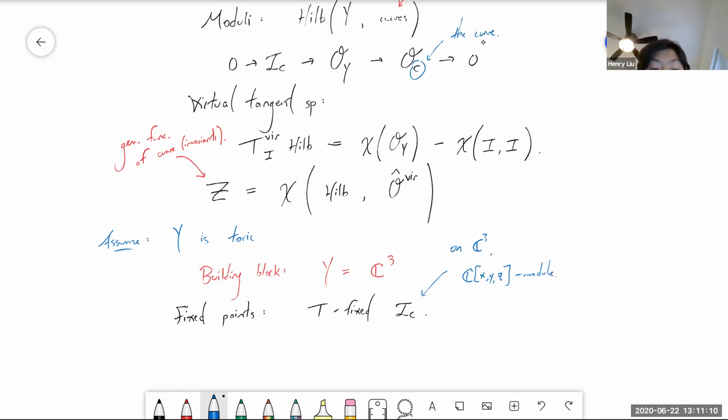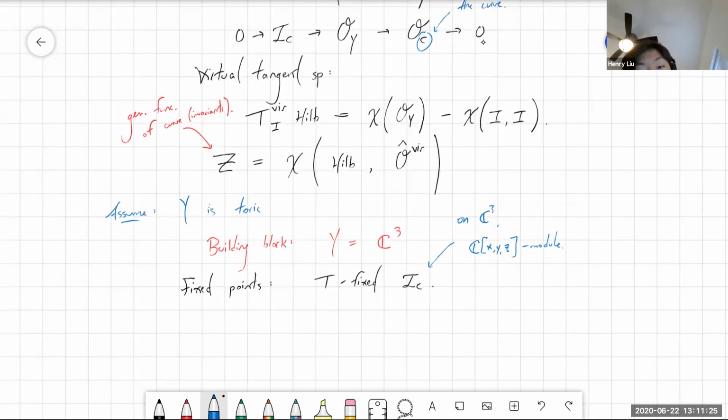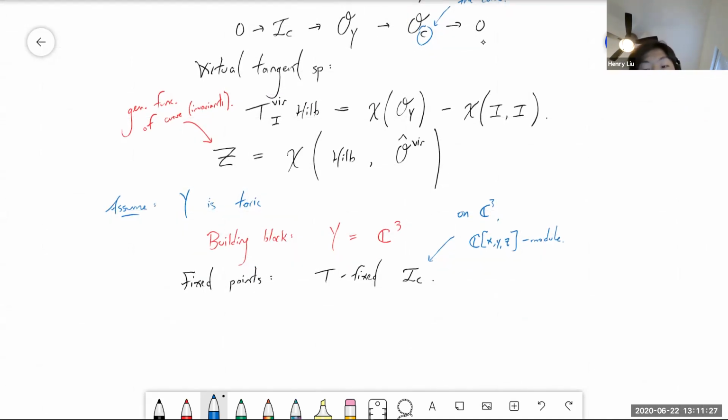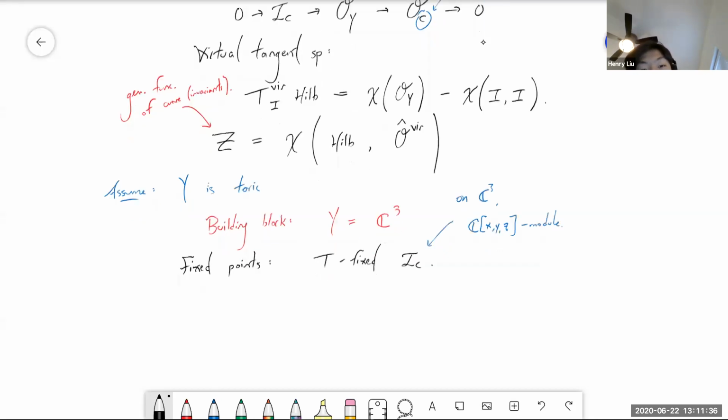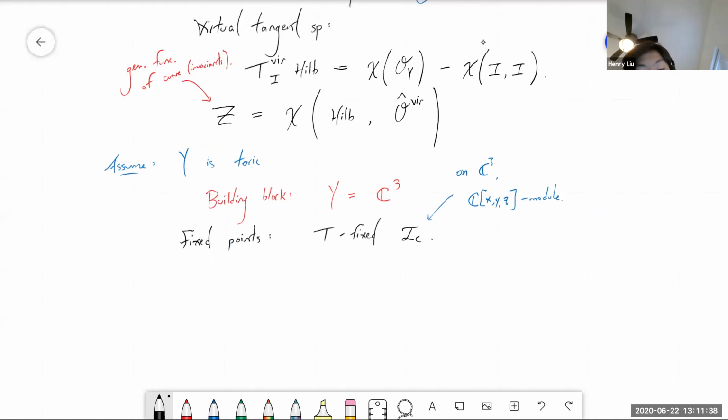And for this module to be fixed under the action of the torus, the only possible generators it can have will be some collection of monomials. And what's very nice about C3 and every other toric thing is that you can just literally draw what these monomials are.